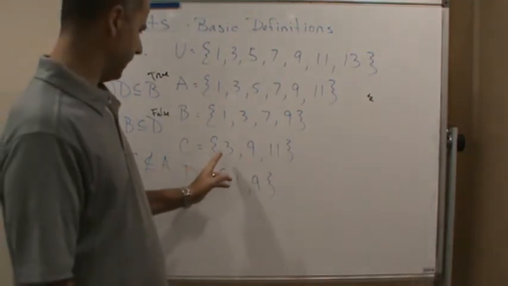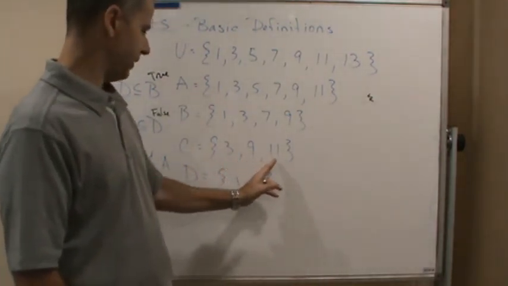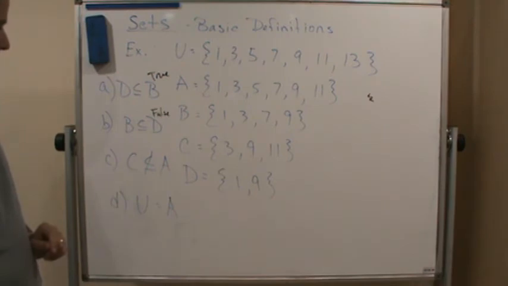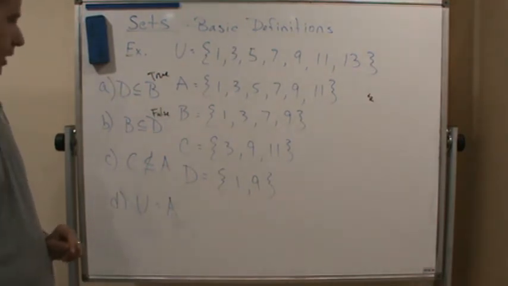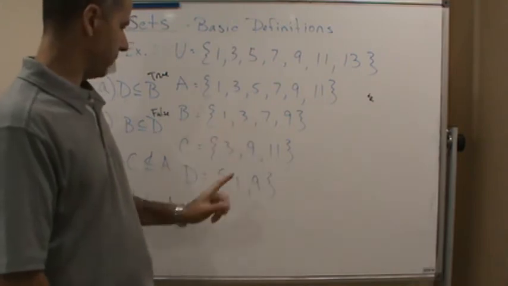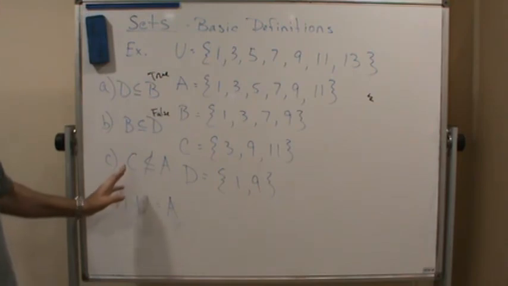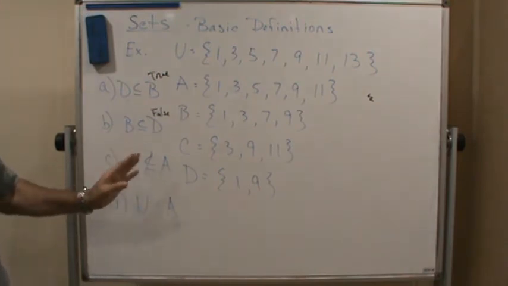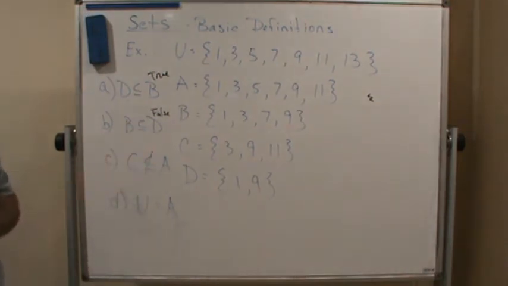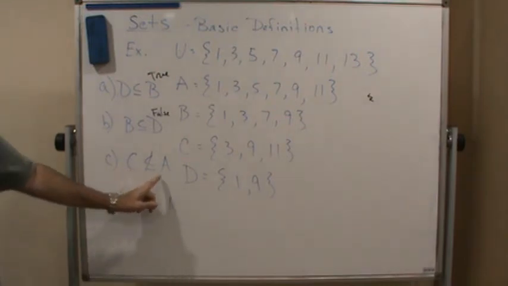Well, C has 3, 9, and 11. Okay? We have to determine whether those are in A or not. 3 is in A, 9 is in A, and 11 is in A. So the fact is that C is a subset of A. So this is a false statement.